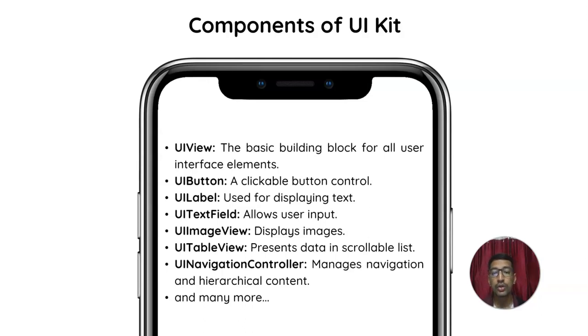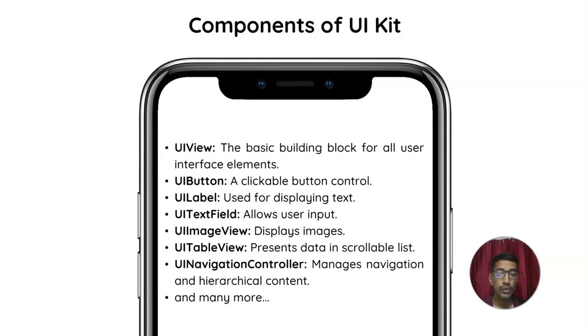UI button. UI button is a clickable button control. Then UI label. It is used for displaying the text on the screen of the device or the application in that device. Then UI text field. UI text field allows the user to give inputs. Then UI image view.